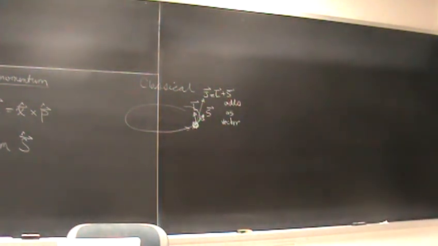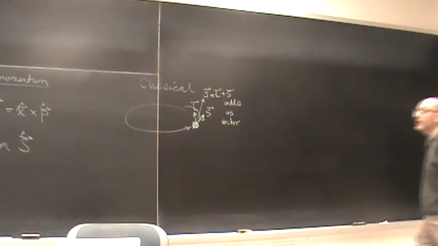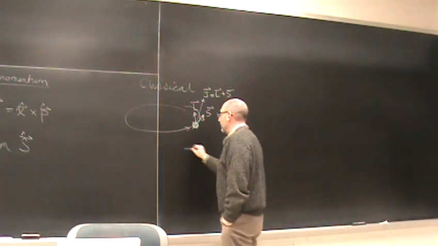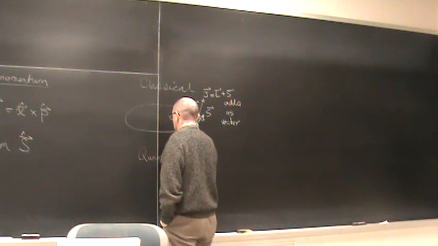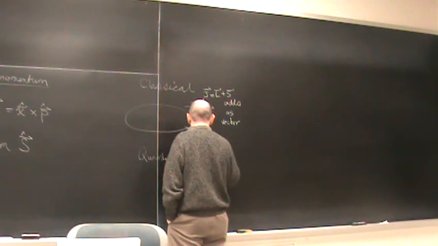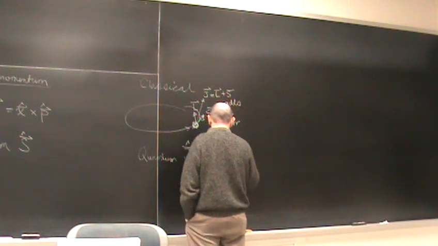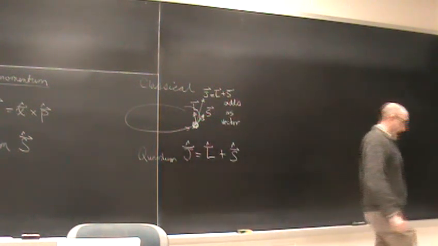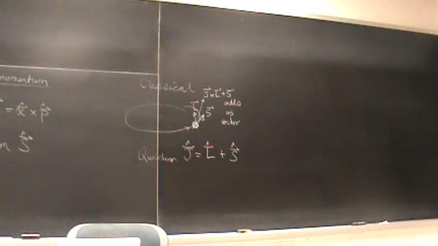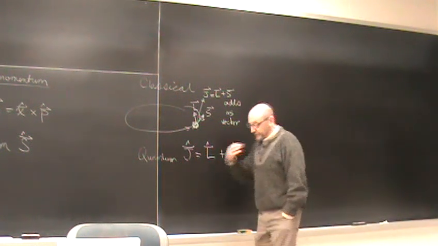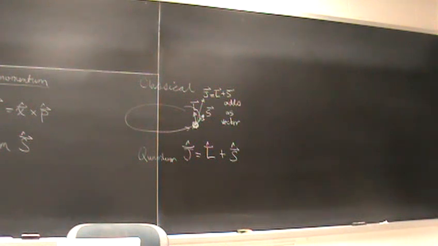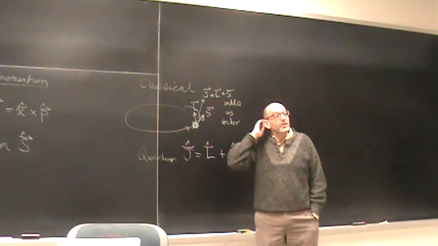We have to be a little bit careful in quantum mechanics of how to think about this and what it means, because of course quantumly we can write down an operator which is the sum of the angular momentum operator vectors, but we have to think carefully about how we specify the states of the system corresponding to this total angular momentum, because the different components of angular momentum don't commute.